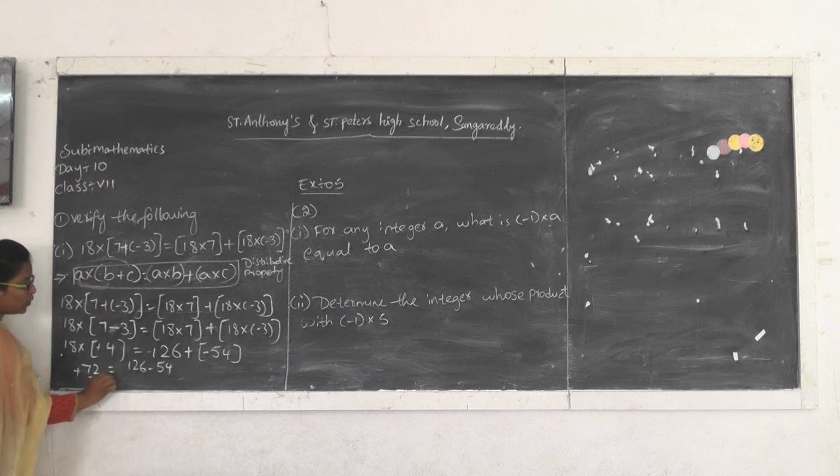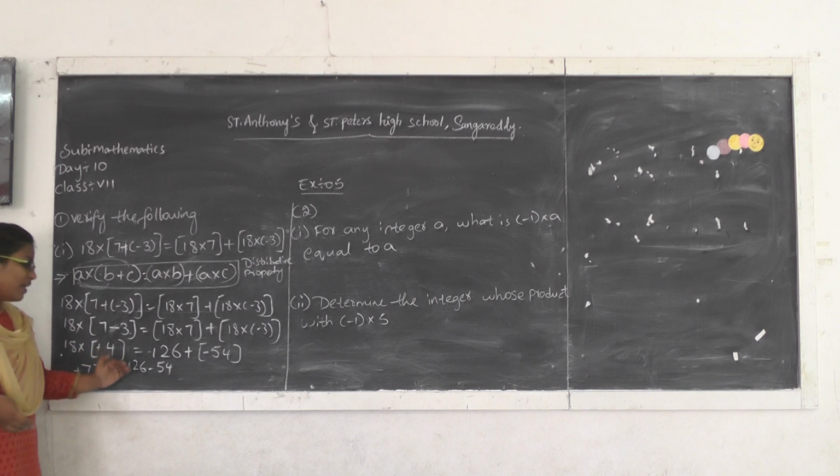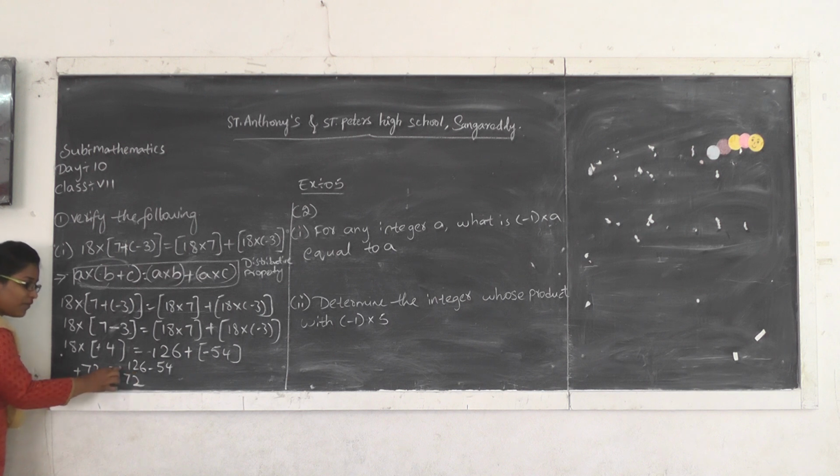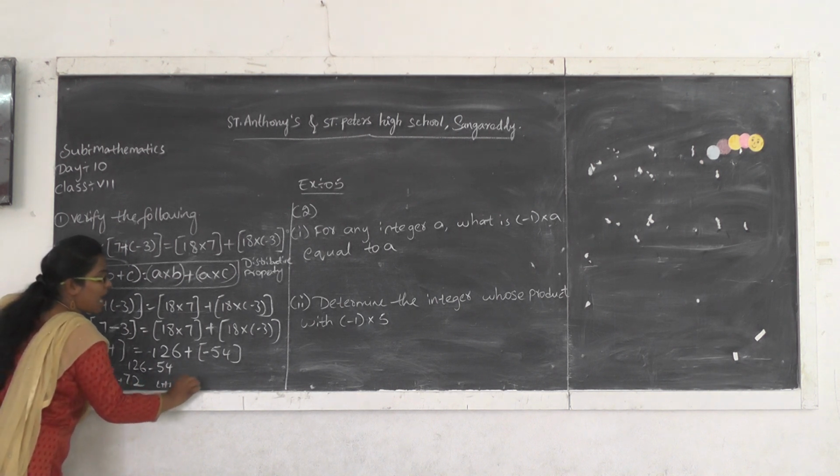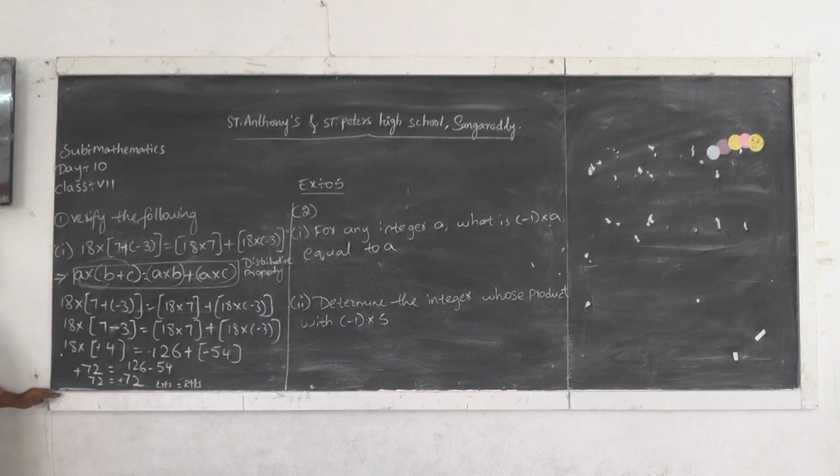One is positive, one is negative, so we have to do subtraction. 126 minus 54 is how much? 72. Here 126 is the greater numerical value and has the positive sign, so the result is also positive. Here we got LHS equal to RHS. In this way we have to verify the given equation.